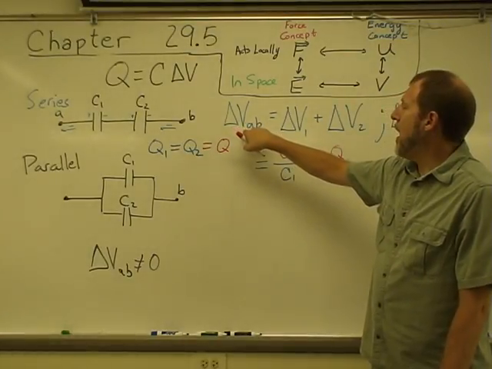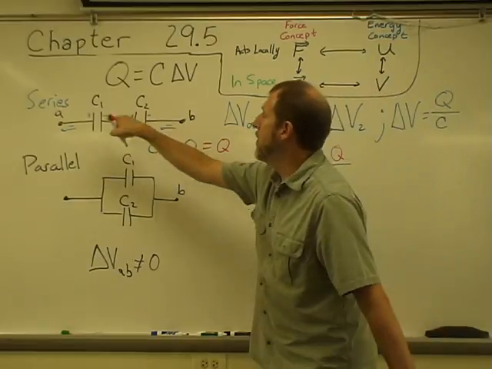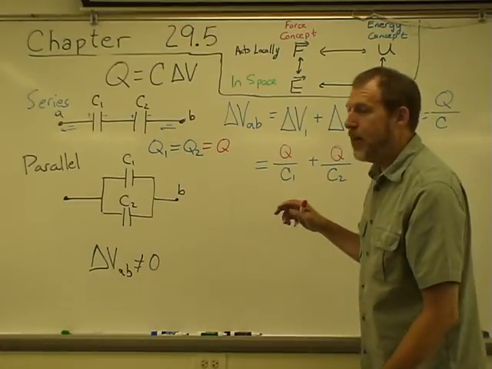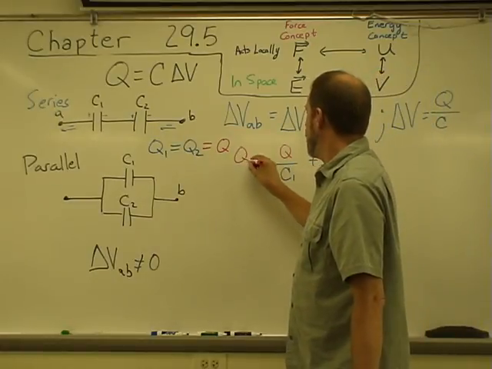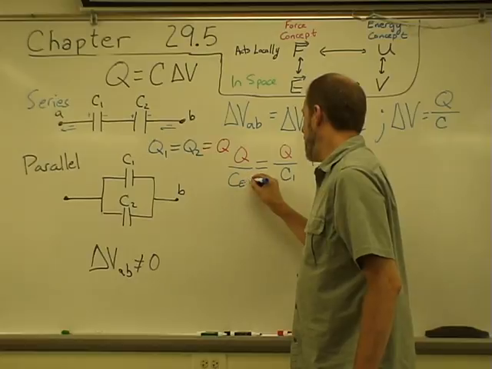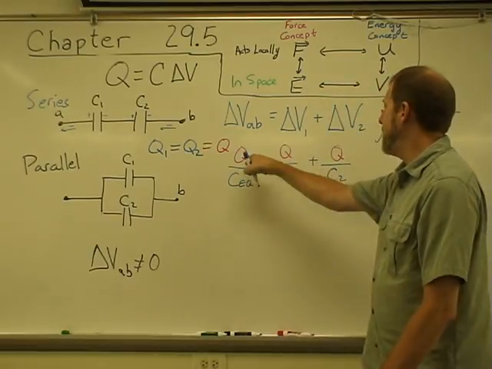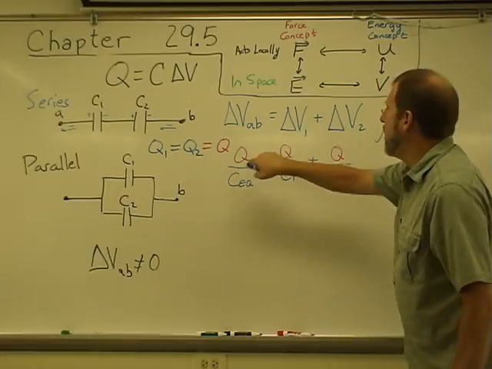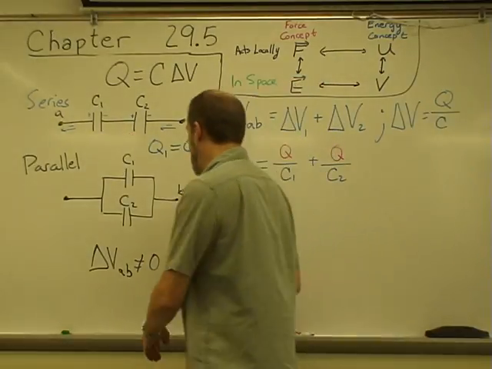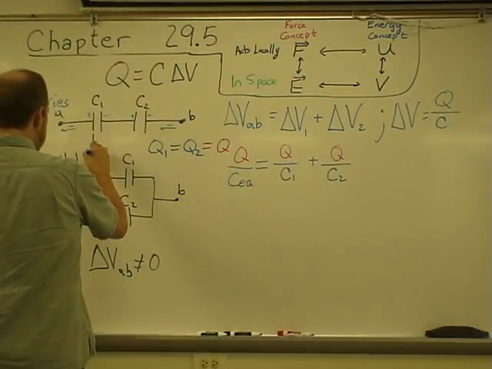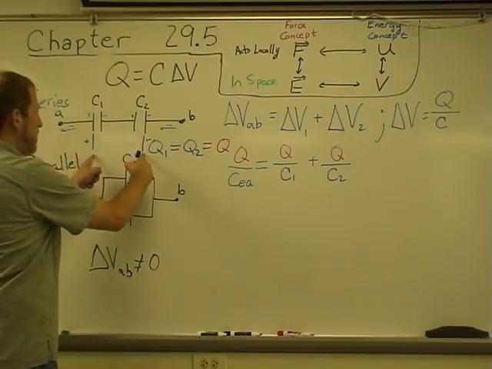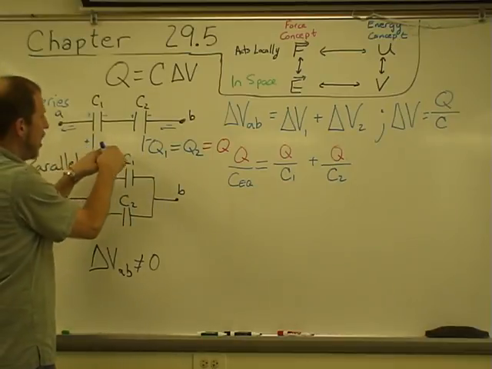If I have the change in potential over a set of capacitors, what we want to hope for is we can look at this in terms of one representative capacitor. So I'll say the total charge divided by the equivalent capacitance of that set. Now, the charge is the same in each case because the total charge on the capacitors, if I look at this positive plate and that negative plate, has charge Q, which is the same as the charge Q1, which is the same as the charge Q2.